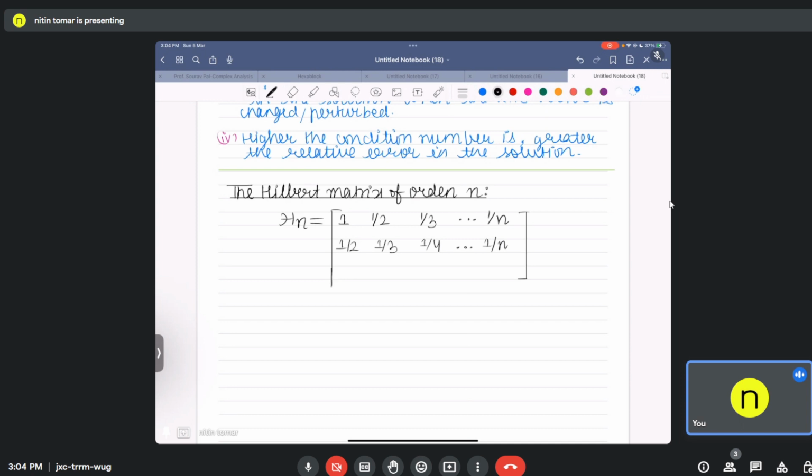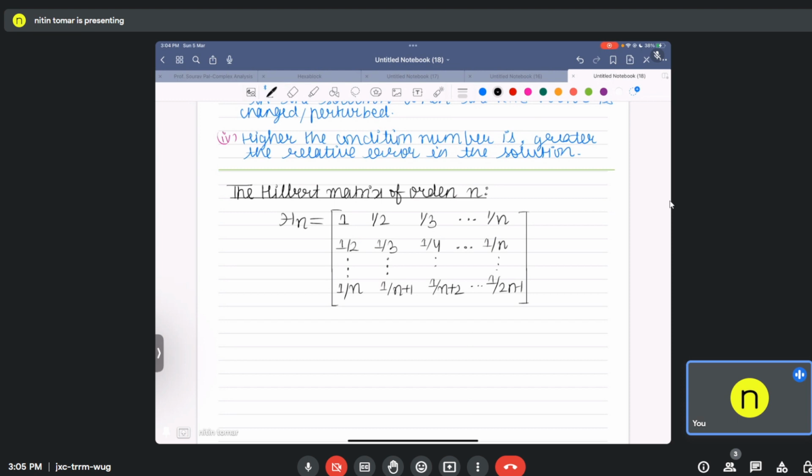And we keep on doing this till we reach the last row: 1/n, 1/(n+1), 1/(n+2), and 1/(n+n-1), which will be 1/(2n-1).